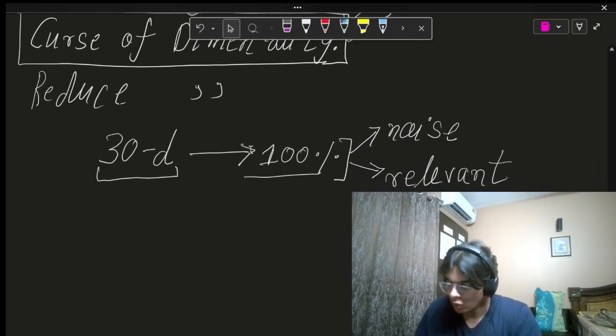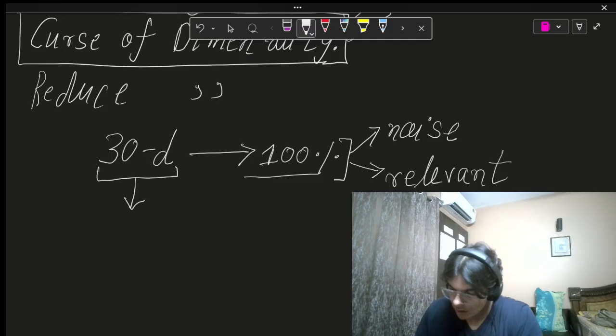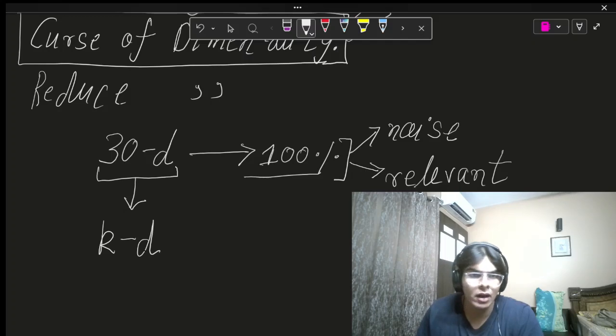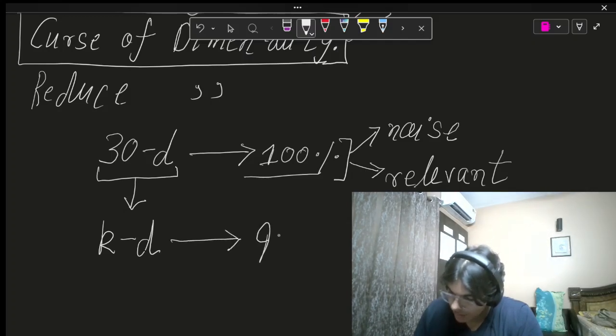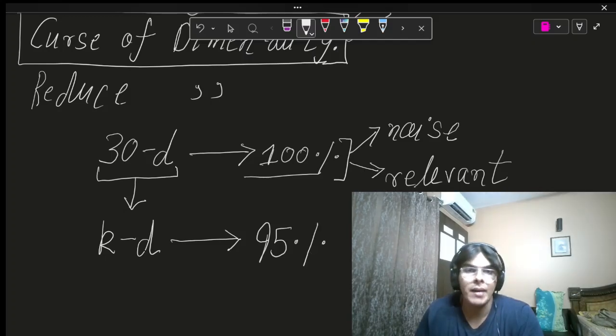We try and reduce this 30 dimensional data to something like a k dimensional data. K can be anything, we'll try to figure that out later, I'll explain it, but currently just look at it. We are trying to reduce it to something like a k dimensional data, and that k dimensional data will represent or contain about 95% of the original data patterns.